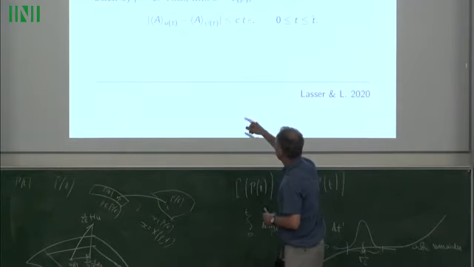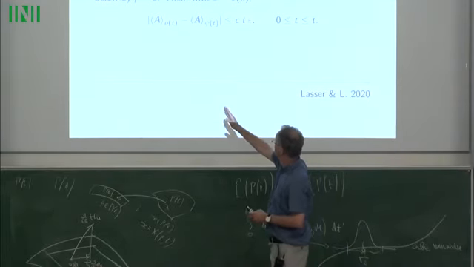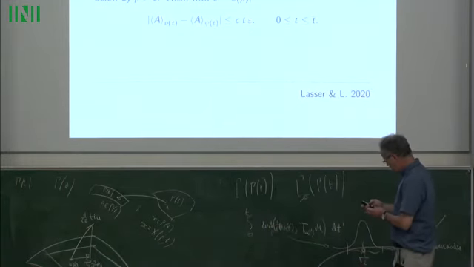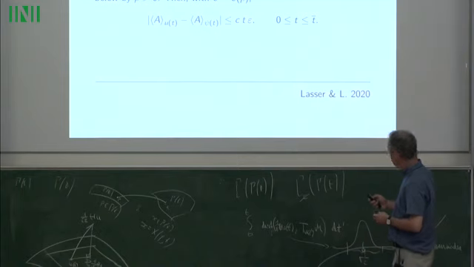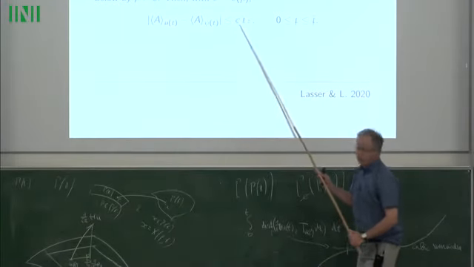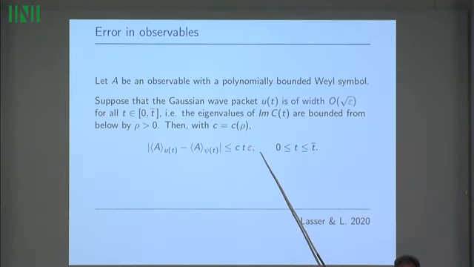And the average is always the scalar product of u with A times u. And then the averages are obtained with better accuracy of size epsilon.